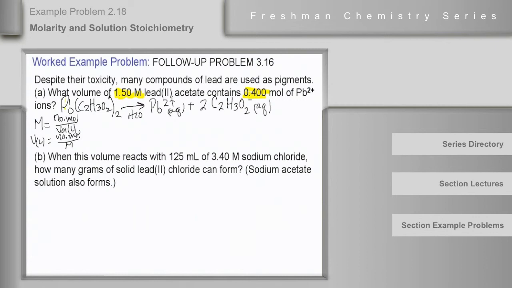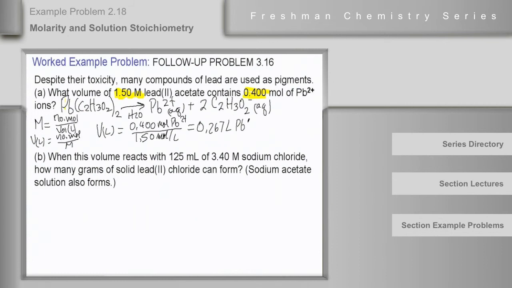So in order to determine the volume of lead II acetate that contains 0.4 moles, we can say the volume in liters is equal to 0.400 mole of lead II divided by the molar concentration 1.50 moles per liter of lead II, and that number is 0.267 liters of Pb(AC)2 solution.